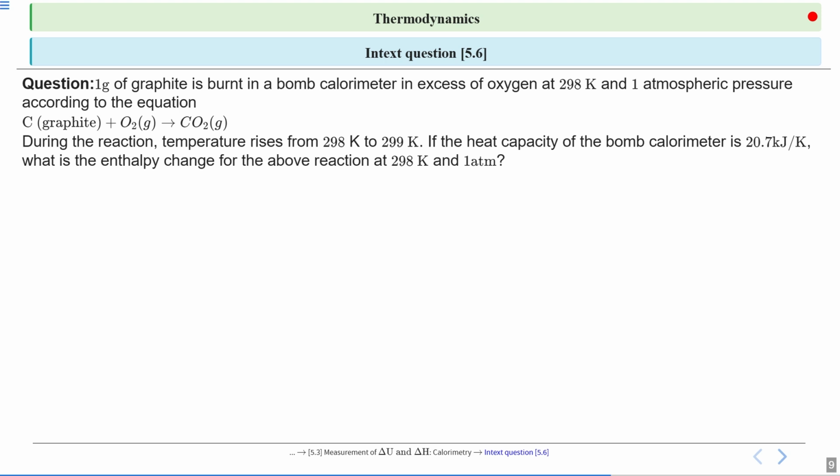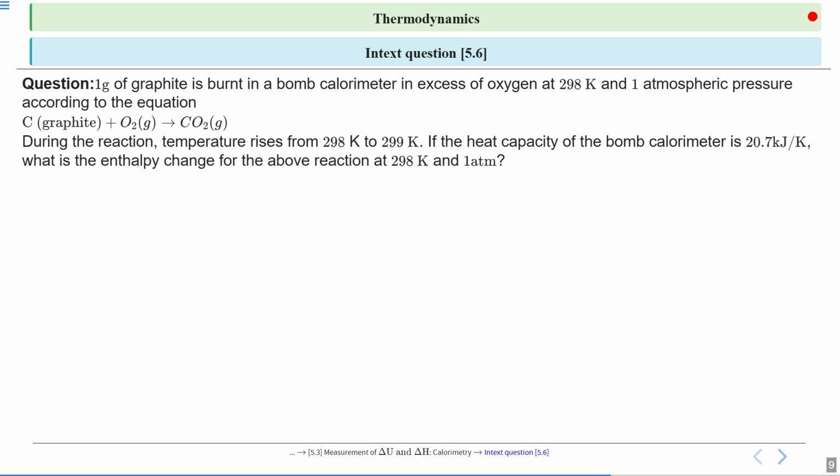Since the work done is 0, from the first law of thermodynamics, delta U is equal to Q plus W, and Q is equal to Q_V in this case, and work done is 0. Therefore, delta U is simply Q_V. So we got our internal energy change.